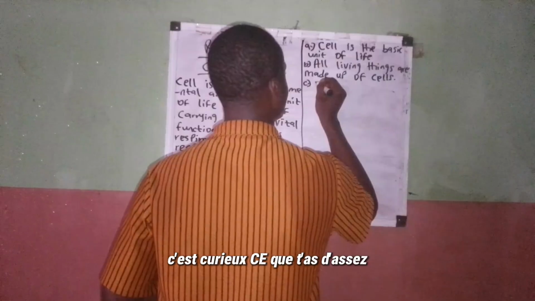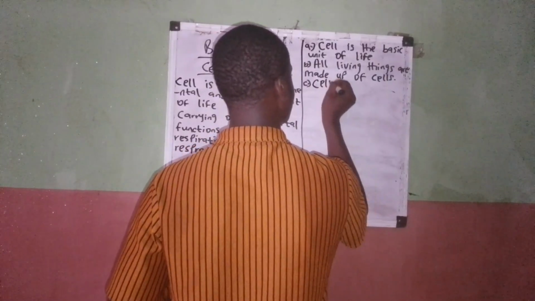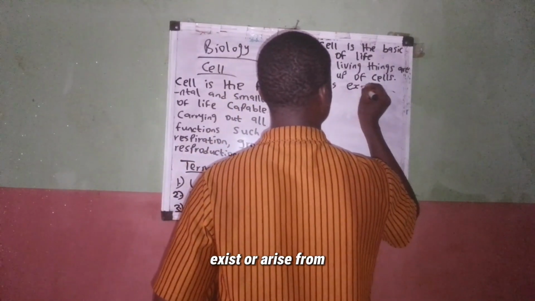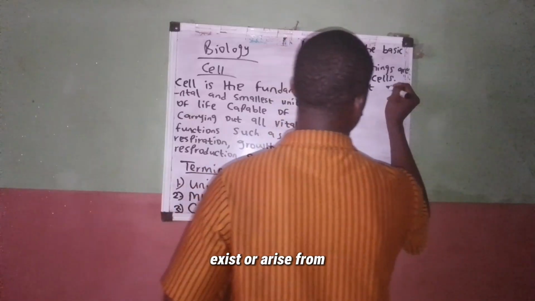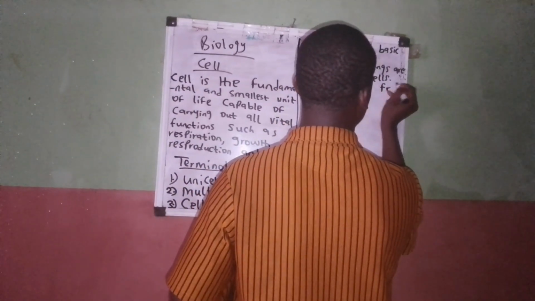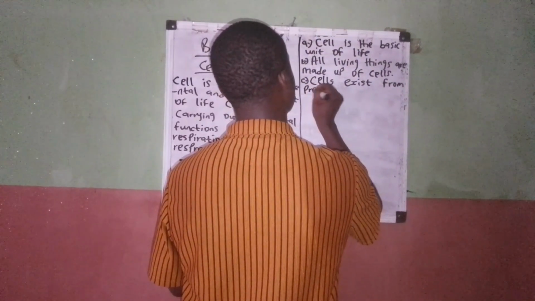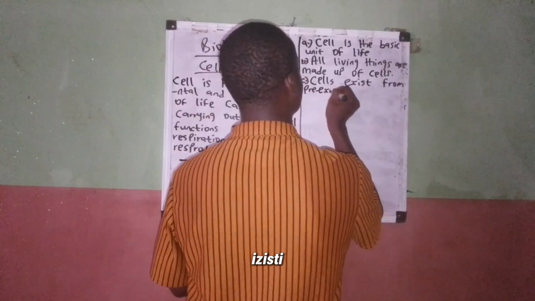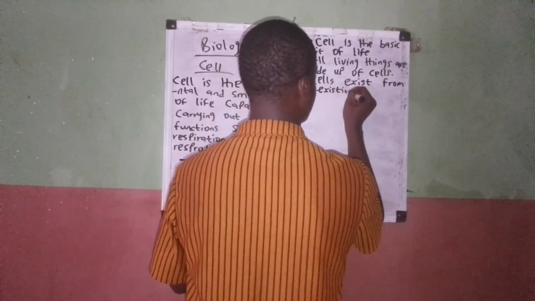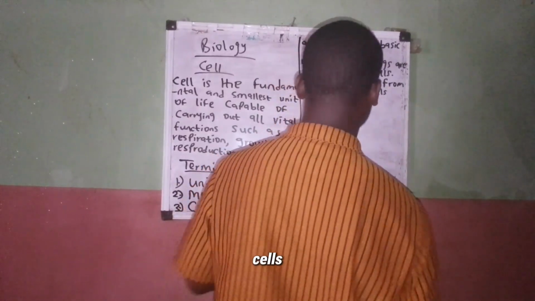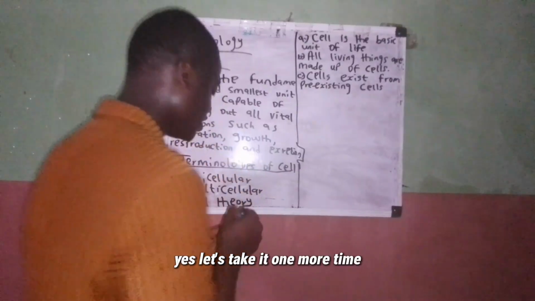Cell theory also states that cells arise from pre-existing cells.